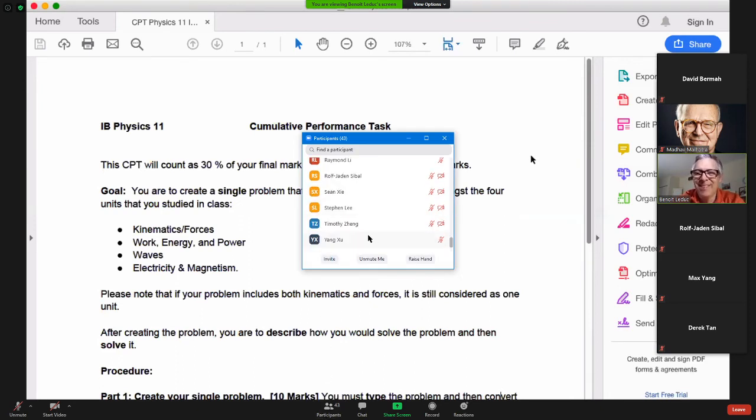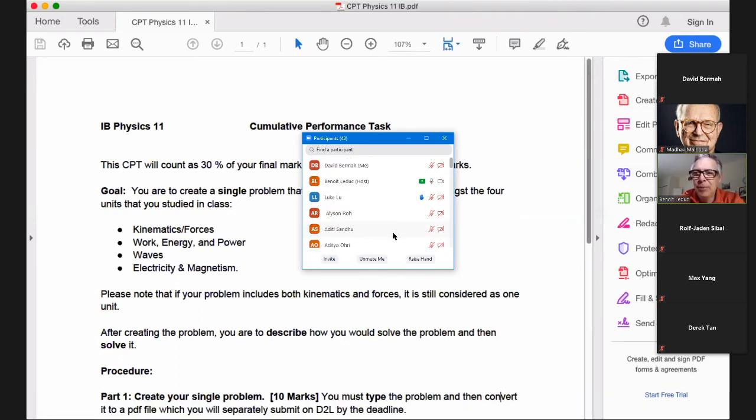Luke already has the problem in his mind. Okay, lower your hand, Luke. So how many would want me to push it to the 12th? Okay, you guys are procrastinators. Okay, lower your hand.